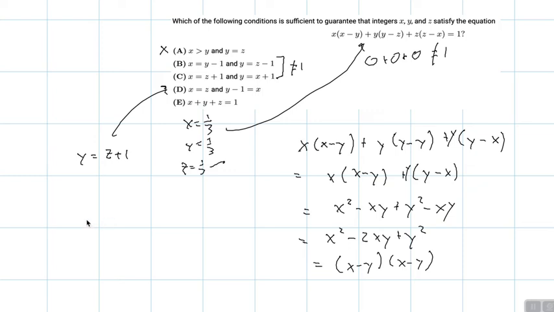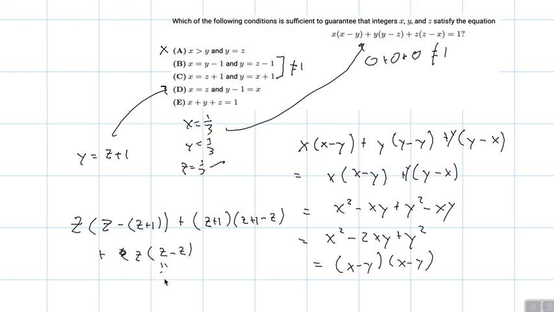We're going to have x is equal to z times z minus y, so minus... Okay.